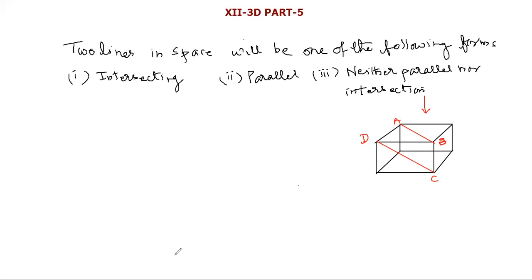So this is the important thing. These types of lines are called skew lines. They are non-coplanar, they are on different planes.